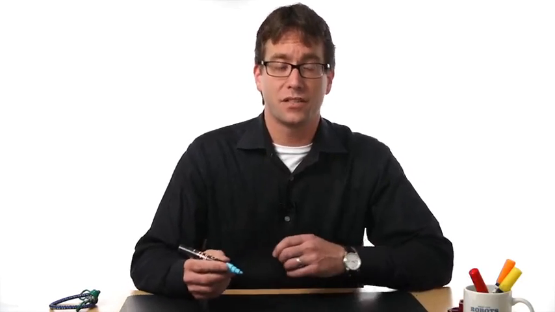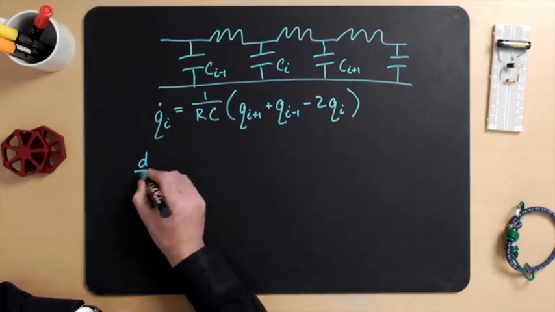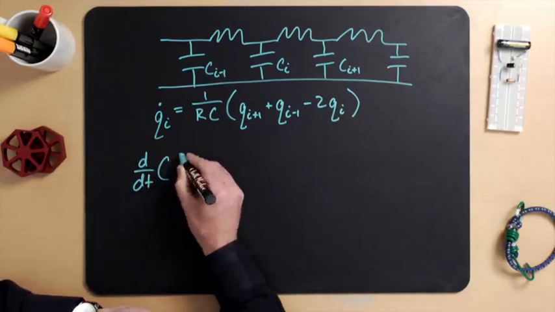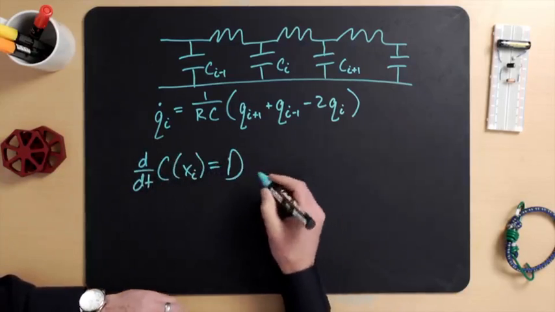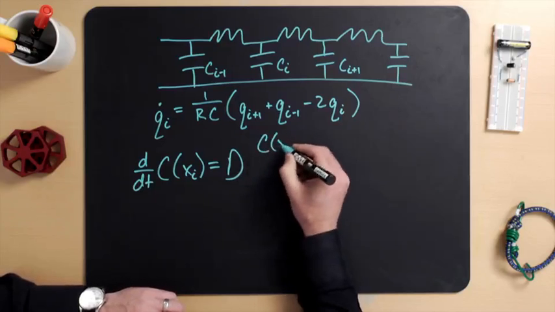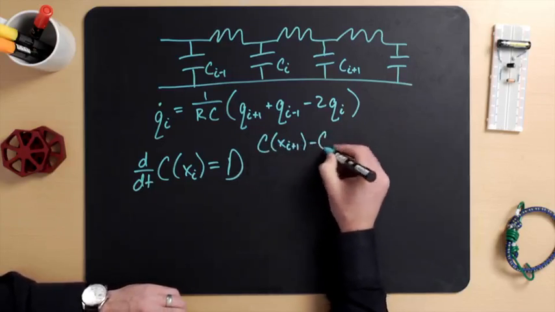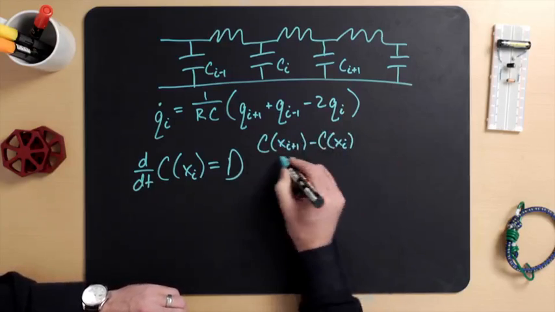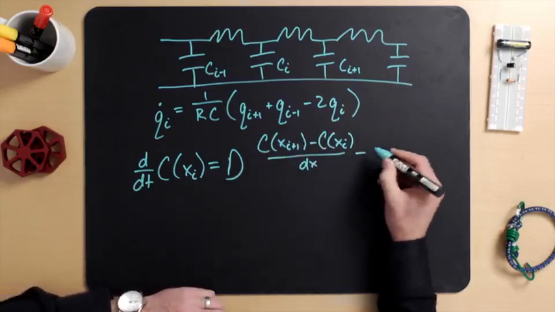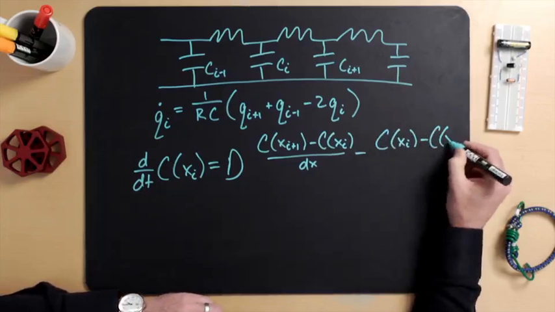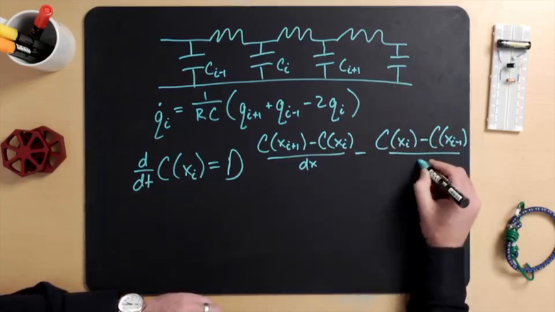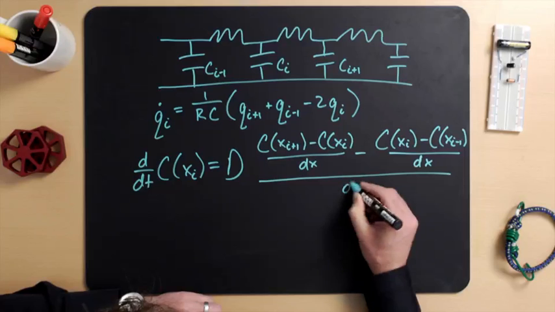Look at the right-hand side of this differential equation, and now look at the diffusion equation prior to taking the limit as dx goes to 0. We have d dt of c at some point xi is equal to D times c of xi plus 1 minus c of xi divided by dx, minus c of xi minus c of xi minus 1, all divided by dx, and all of that divided by dx.